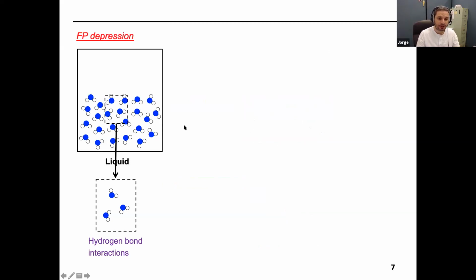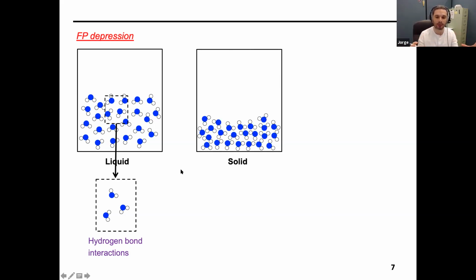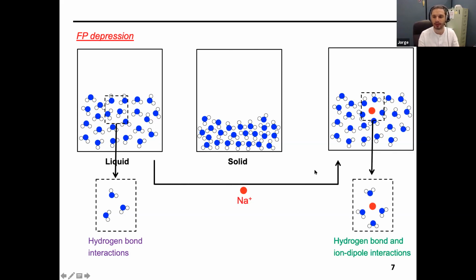What about the freezing point? When a compound freezes, it goes, of course, from liquid to solid. Therefore, we have to shrink. Okay, so the molecules have to get closer together in a more compact form. When we have sodium plus dissolved in water, now we added an extra interaction that's called ion-dipole interaction.